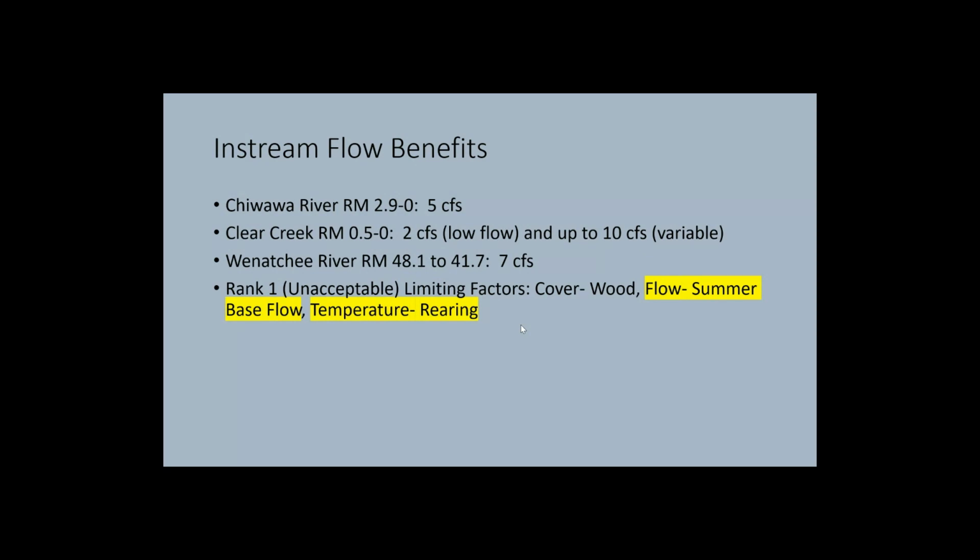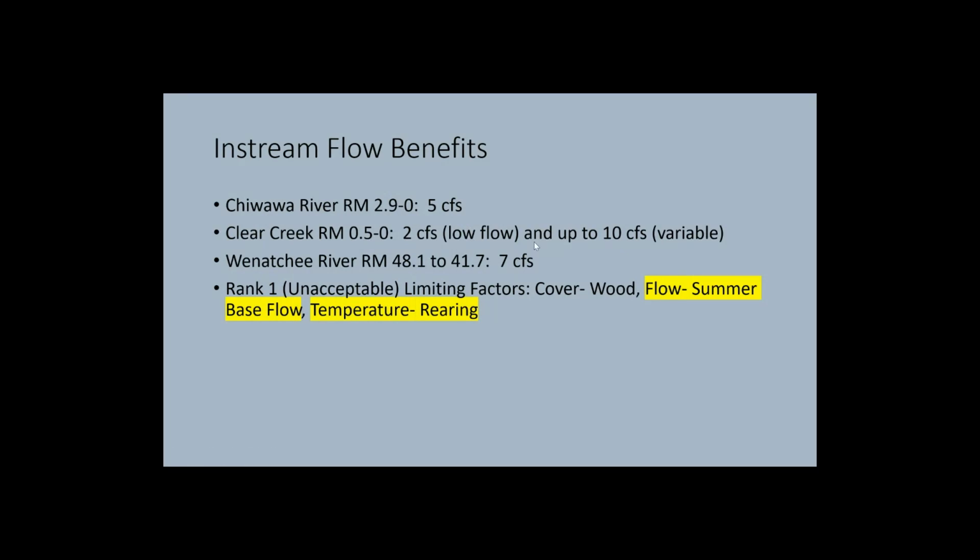On Clear Creek, there would be a removal of the irrigation district diversion at river mile 0.5. This is the variable part, right? So there's 2 out of the 3 CFS during low flow that goes into the canal. And that's the piece that we are focusing on for our application.